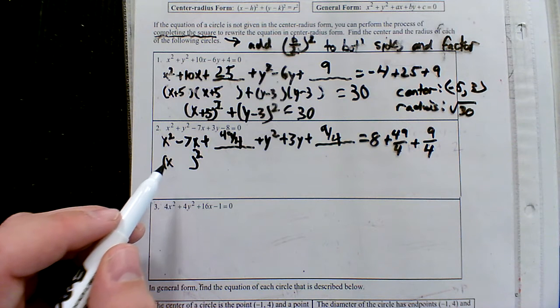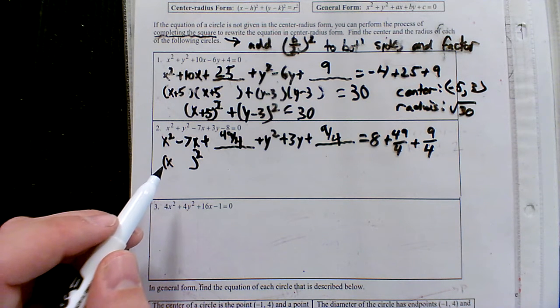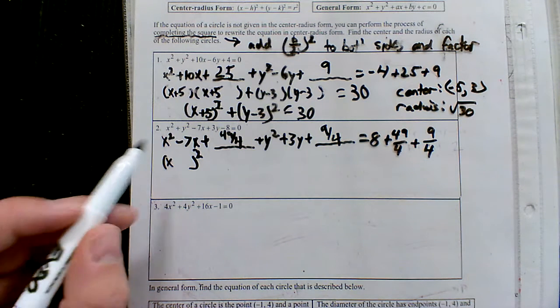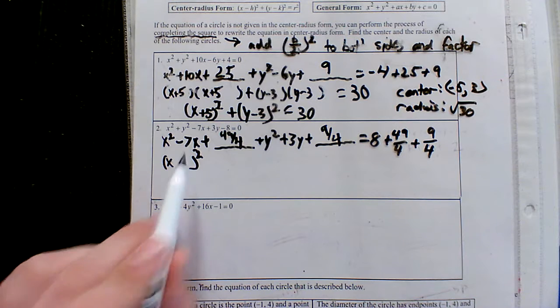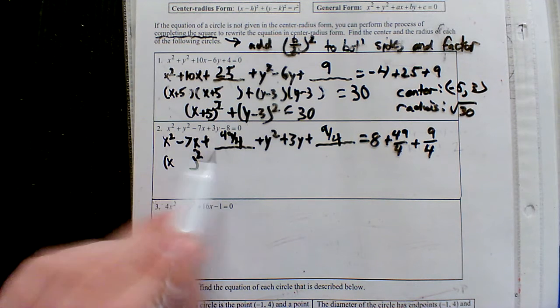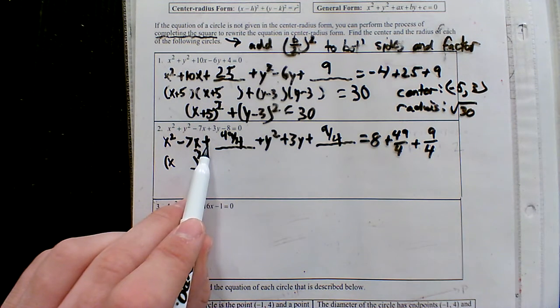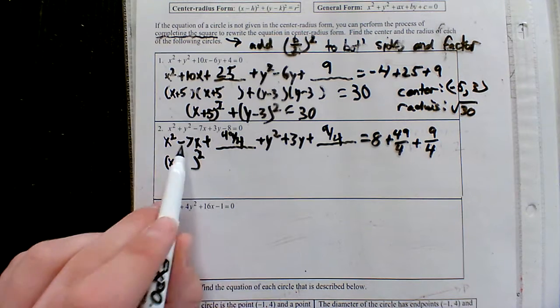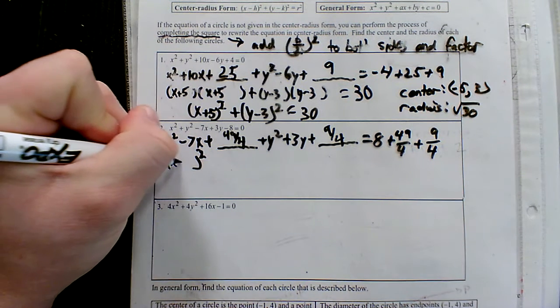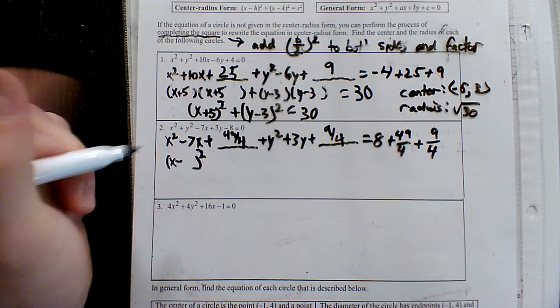Are we going to have a plus or a minus? Let's figure that out first. Minus, because the 7 is negative. We have a negative here. This is positive, so a negative times a negative will get us a positive last value. But we have the negative in the middle, so we know we're going to have an x minus here.